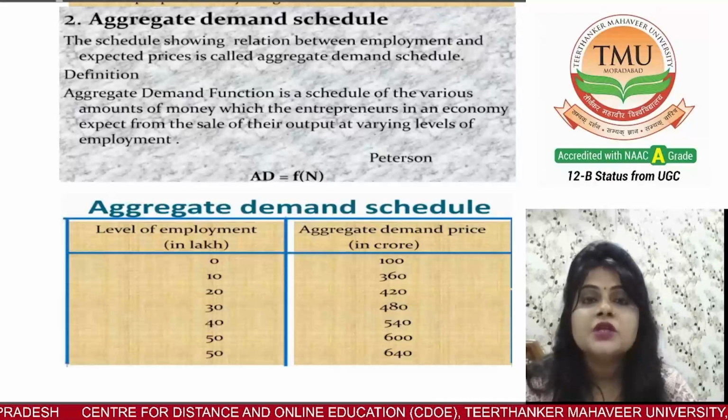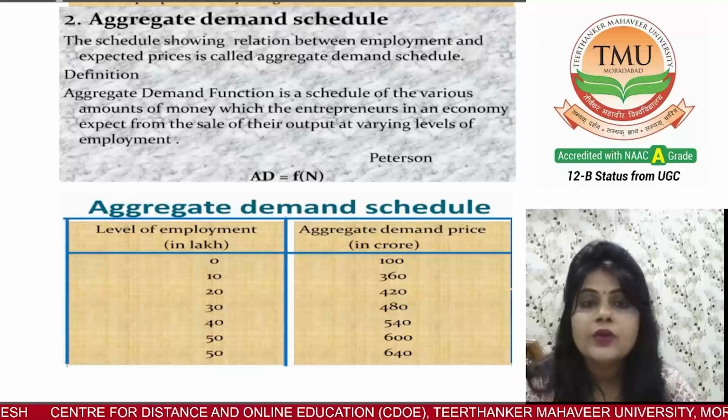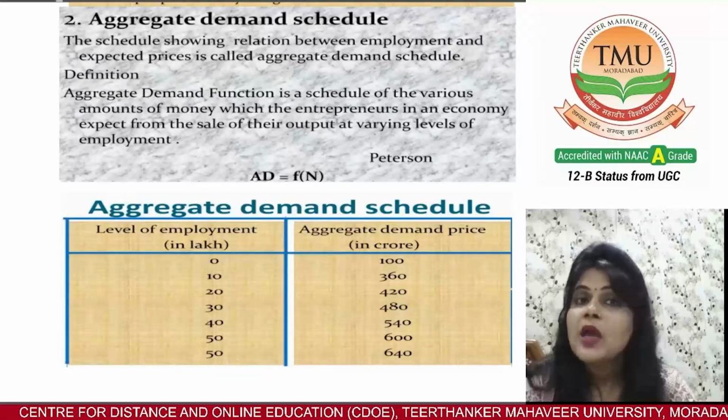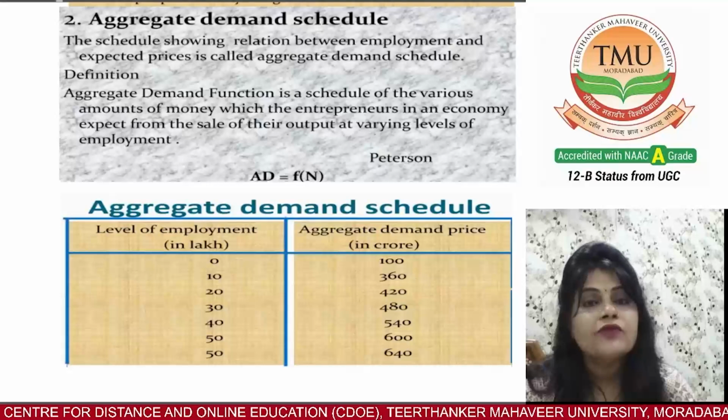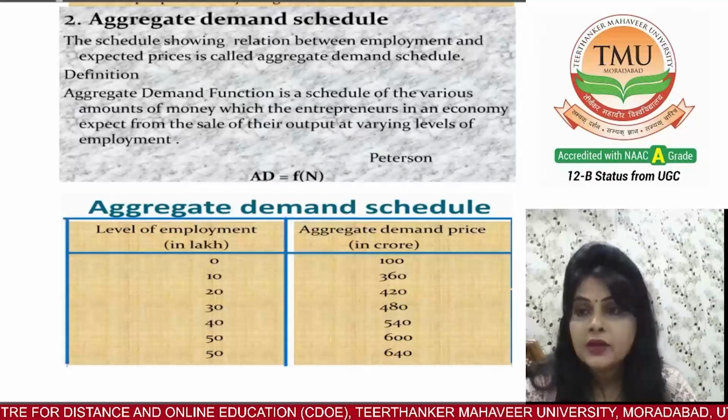Aggregate demand function is a schedule of the various amounts of money which the entrepreneurs in an economy expect from the sale of their output at varying levels of employment.